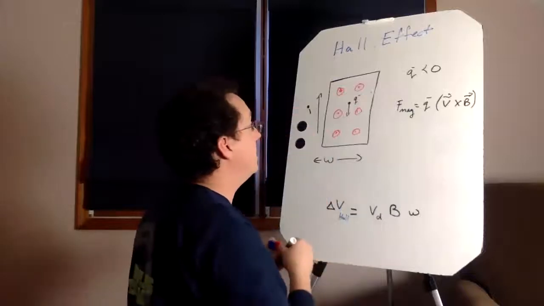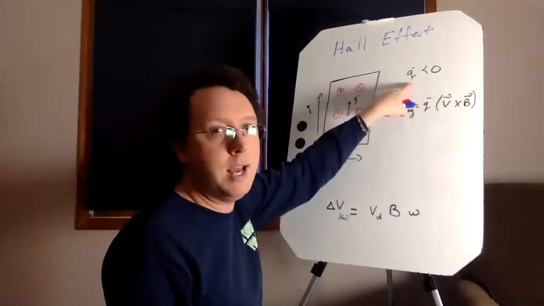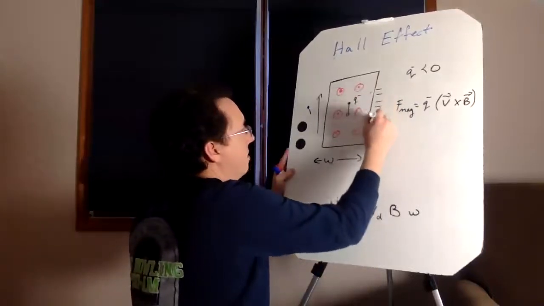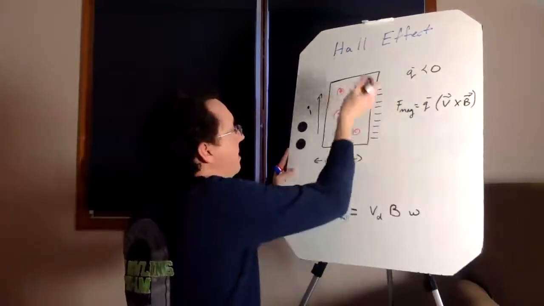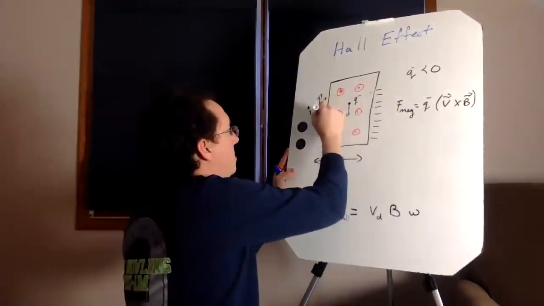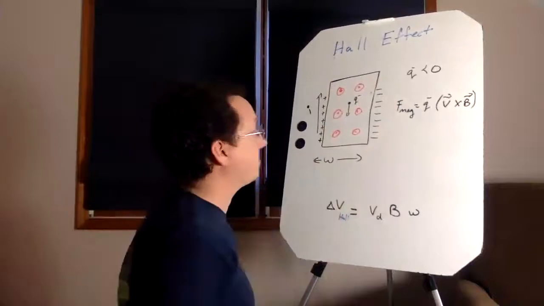And so what happens is, in this situation, hypothetically, if the things moving around were negative, you would actually accumulate negative charges over here. And consequently, you would expect there to be an induced positive pile of charges on the other side.